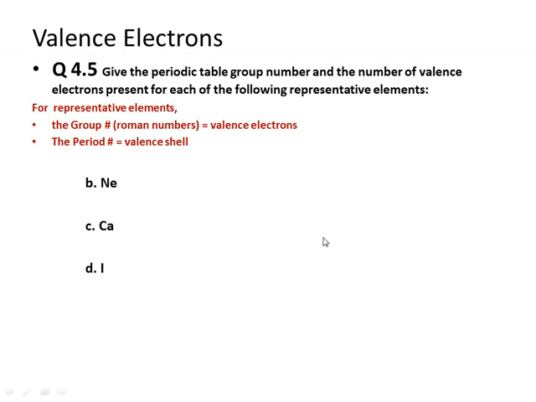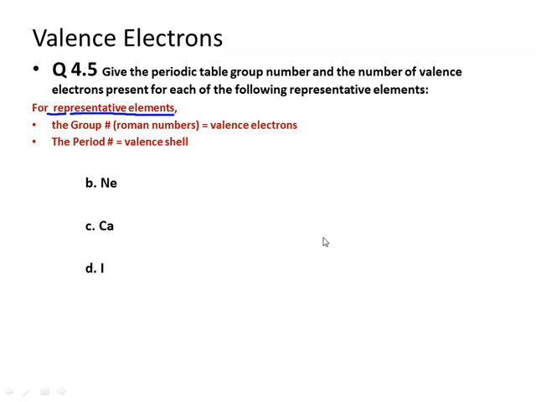I think it is important to remember that there is a very easy and quick way of determining the valence shell and valence electrons for representative elements. If you do not remember what representative elements are, you need to go back and check that out.